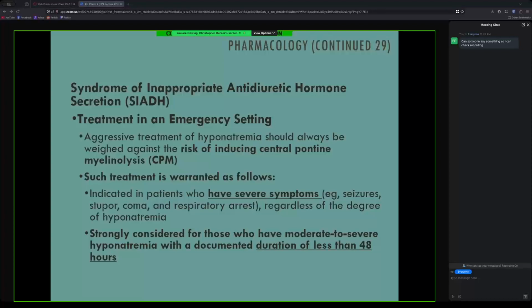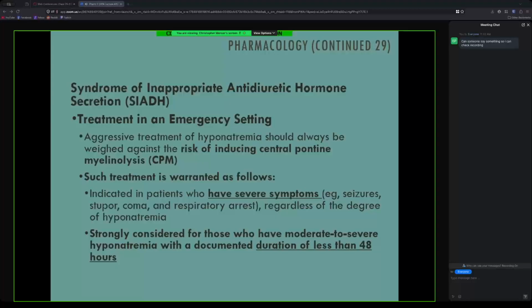But if we have severe symptoms, i.e., seizure, coma, respiratory arrest, those ones I mentioned, we do emergent treatment, regardless of what that sodium number is, regardless of the sodium value. This is kind of the exception in medicine, where we often say we're going to do treatment by going by the number, going by the lab.